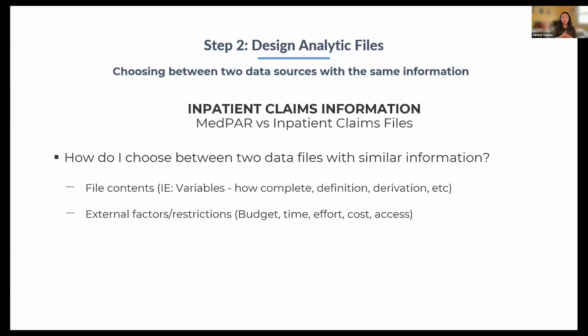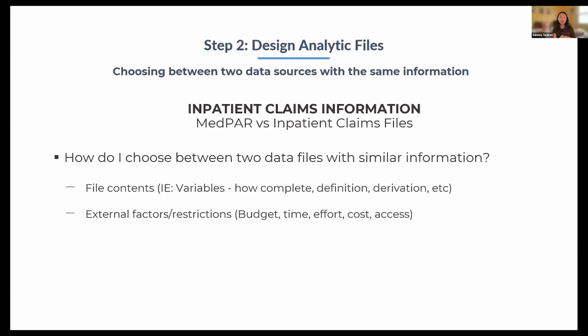So what do you do if you have to choose between two data sources with similar information? I think Beth covered this, thinking about MedPAR versus inpatient claims files, but I'll highlight it again. How do I choose between the two data files? First off, think about the basics. What about the file contents? What about the variables that you receive? How complete are the variables?